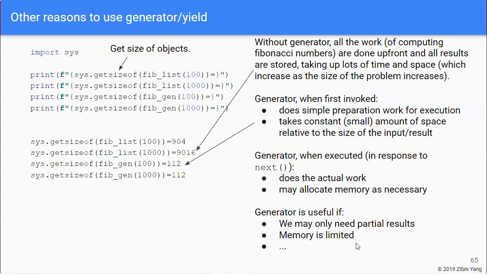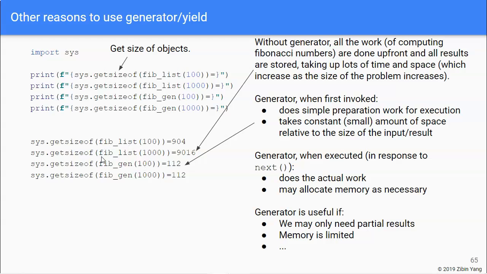Okay, so another reason is that, given that a generator does the actual work as necessary, it doesn't do everything up front. So it's very good if, in the course of going through our work, we might only need some of the partial results.